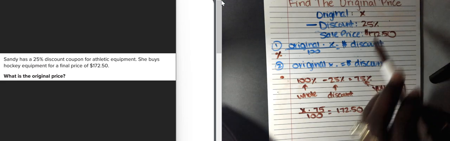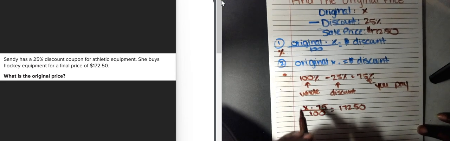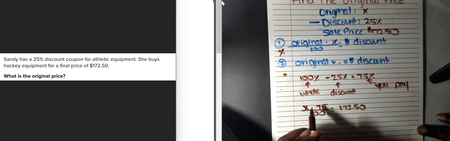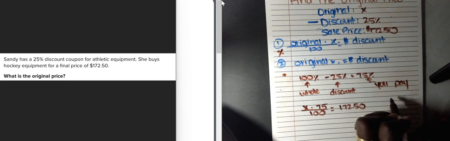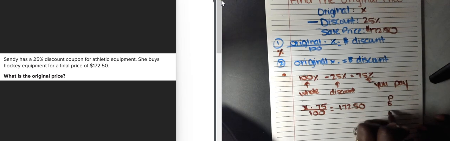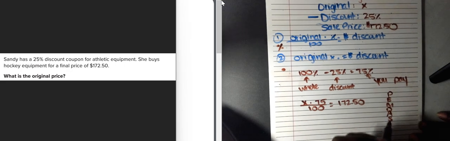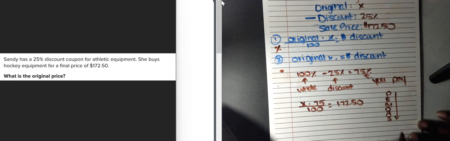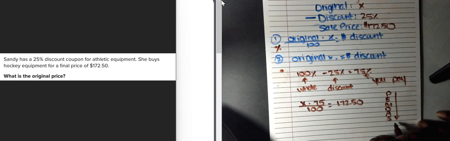So now, remember when you see it like this, we need to isolate the variable. I see that X is not isolated because it's being multiplied by 75 and then divided by 100. So how do we isolate it? I want you to think about PEMDAS, which we've seen before. We know that this is our order of operations. When you are solving a problem, you start from the parentheses and work your way down to addition and subtraction.